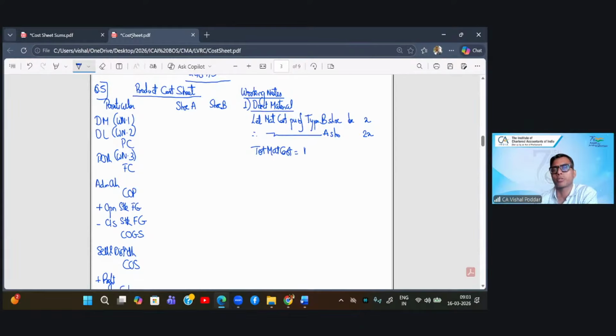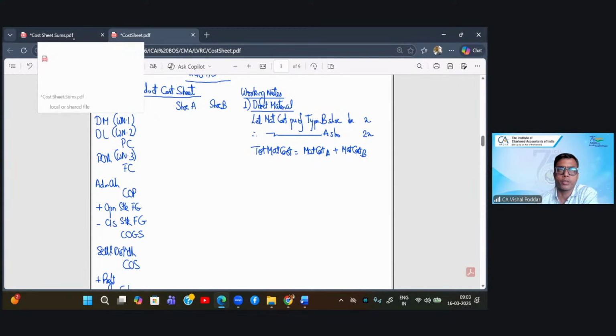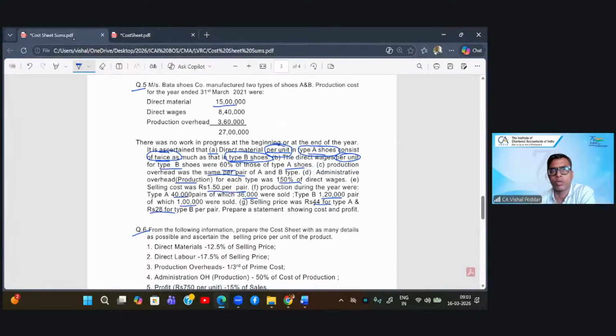Total material cost is material cost of A plus material cost of B, right? The total material cost during the period is 15 lakhs. Now, for A, we have 40,000 pairs, and for B, we have 1,20,000 pairs of shoes. So when we multiply the per unit cost by this, we will get the material cost of A and B respectively, correct?